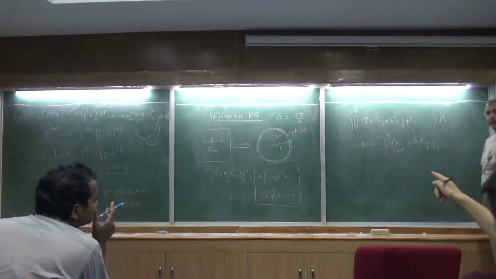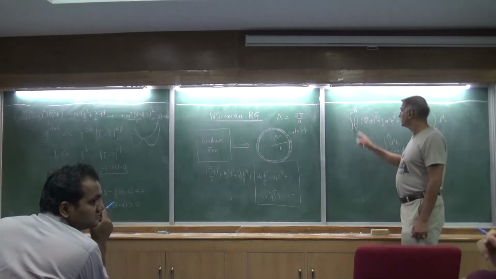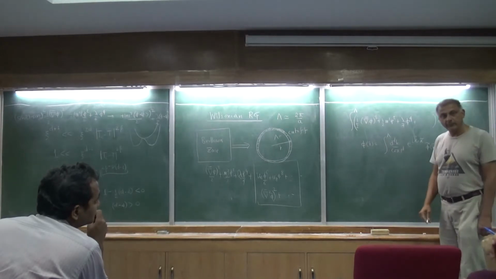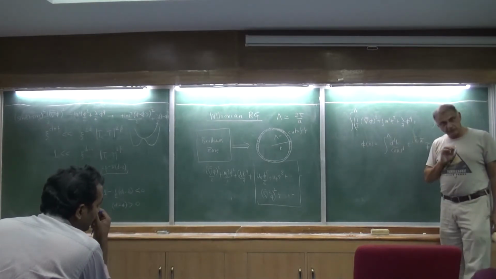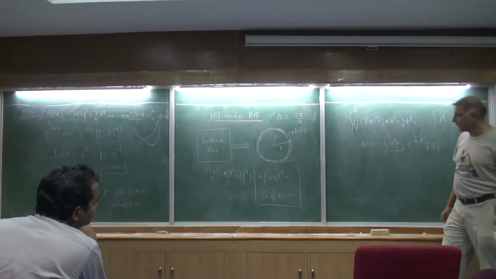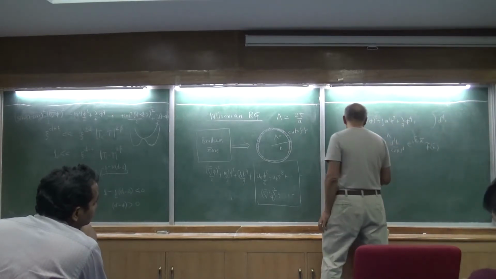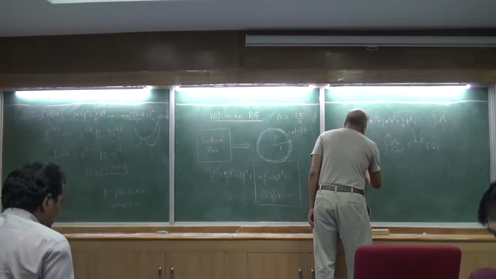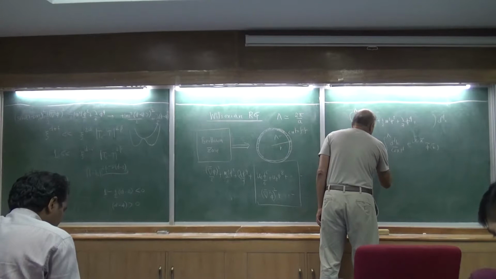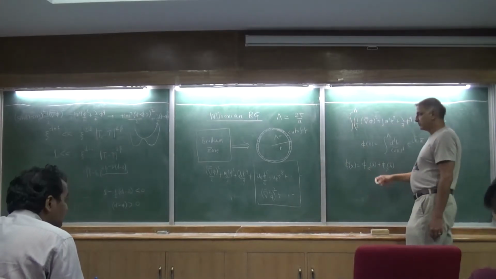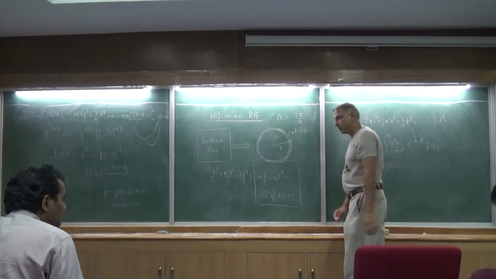Why are you writing lambda there in the integral? This is what it means. It means that my fields don't have momentum components higher than lambda. That's what it means. Good. Now, let me define my field to be a sum of two fields. This guy lives now within this shrunken ball.